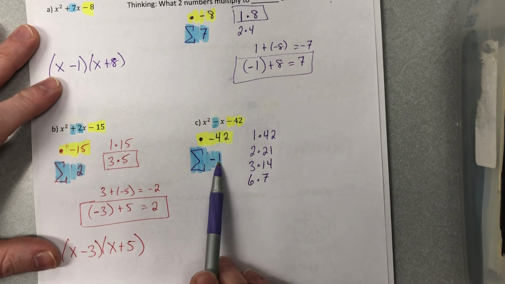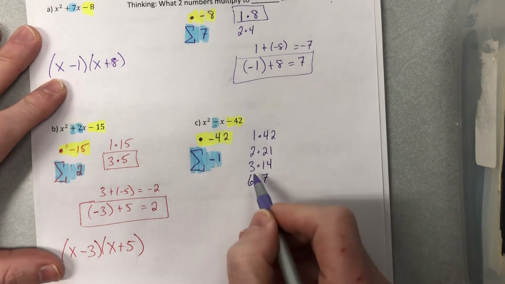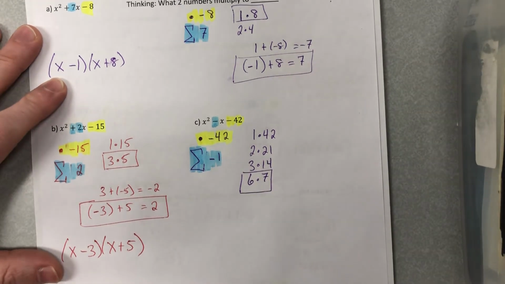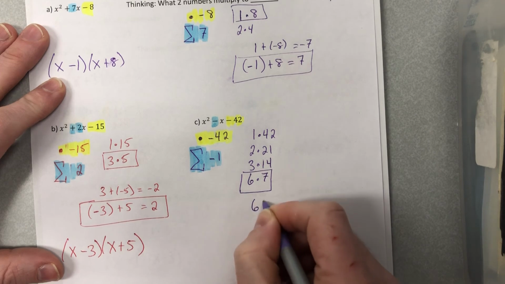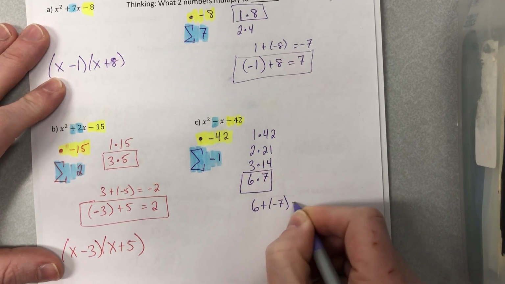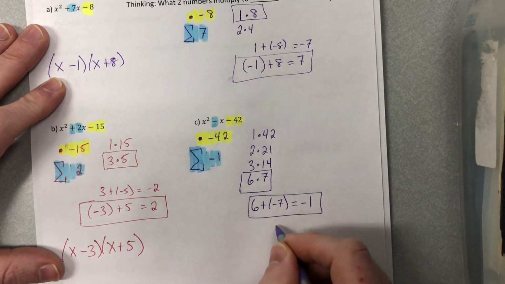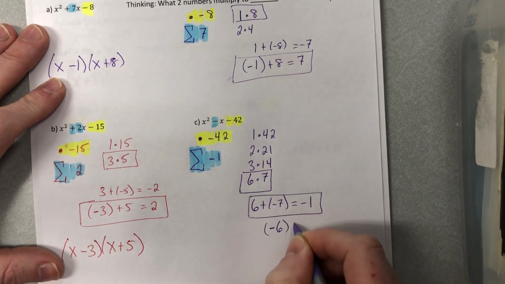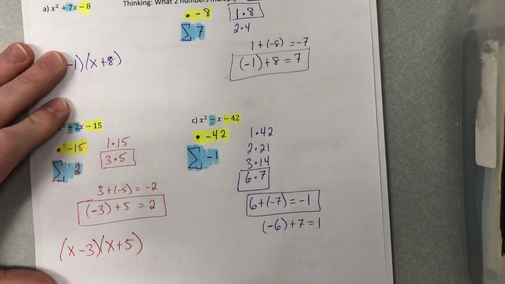Remember, when we want to multiply to a negative, we want to find the difference to really be negative 1. Which of these factors have a difference of negative 1? It would be 6 and 7. If I did 6 plus negative 7, that equals negative 1, and that's what I'm looking for. Just to show you what doesn't work, it would be negative 6 and positive 7.